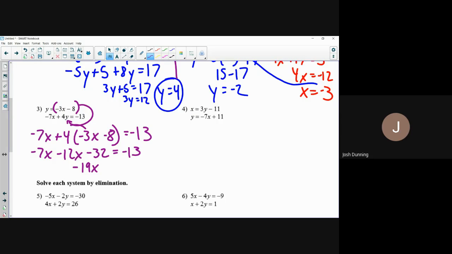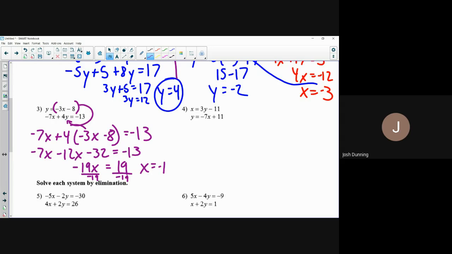And I'm running out of room, so I'm going to skip a step here. I'm going to also add that 32 over. Divide by negative 19. Sorry, I kind of ran out of room, so I squished those two steps together. So again, there I combined negative 7 and negative 12x, and I added that 32.